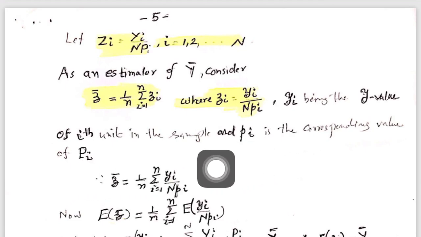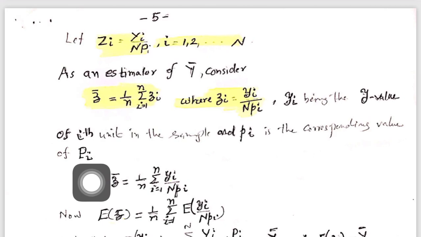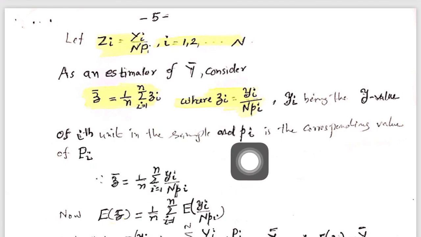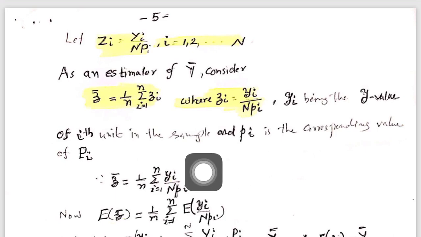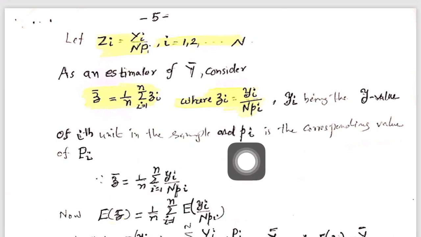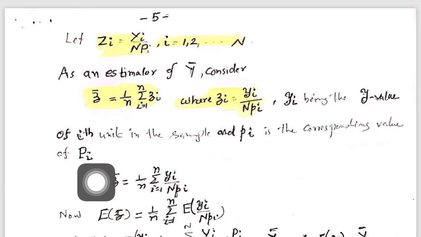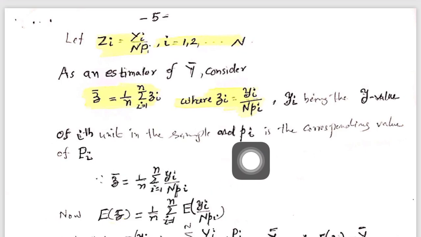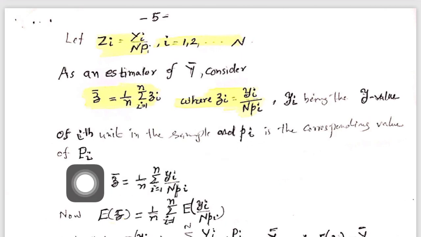Small p1 will be either capital P1 or capital P2 or capital P3 and so on, and that depends upon which unit is the ith unit in your sample. The ith unit in your sample may be the first unit, so small pi will be equal to P1. And it may be the second unit, then small pi will be equal to capital P2, and so on.